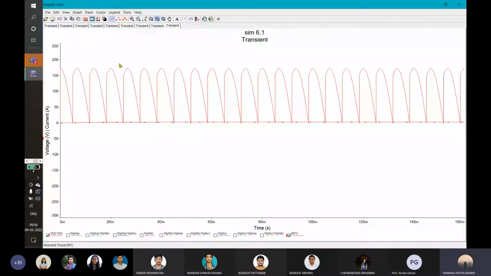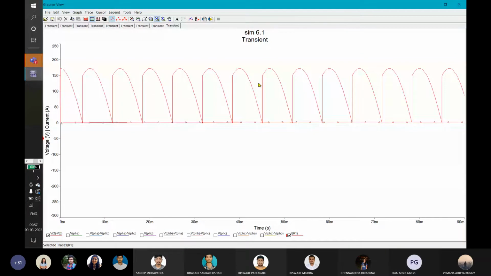Explain it. Sir, I think it's correct. You think this is correct? Okay, then tell me why. Justify your opinion. If it is correct, please justify your opinion.